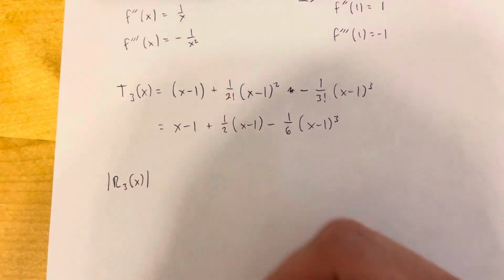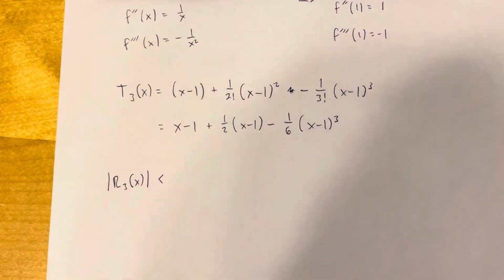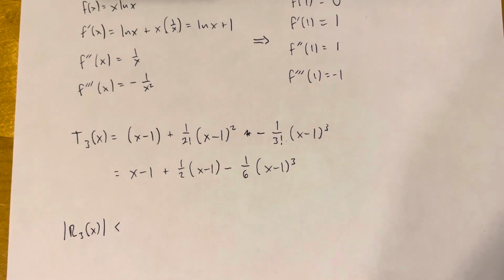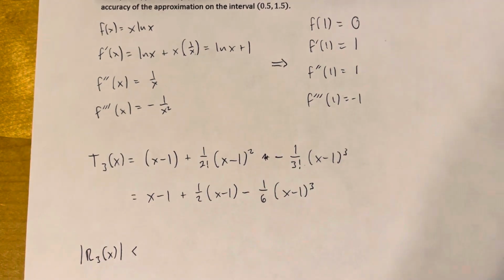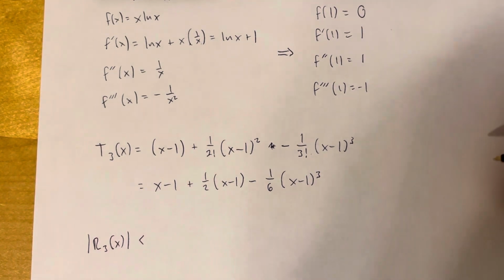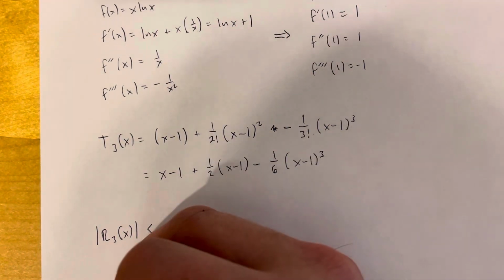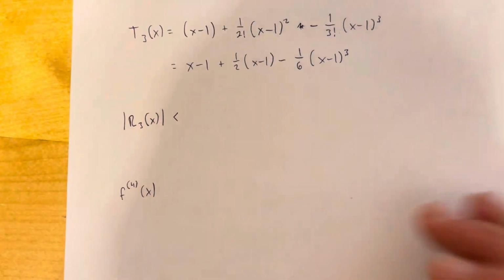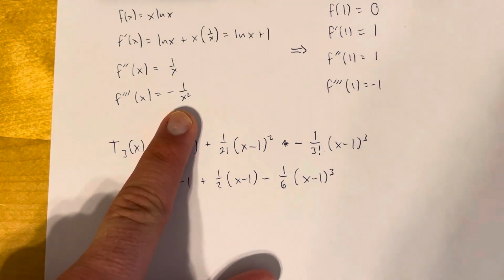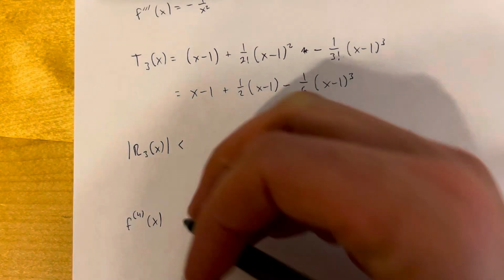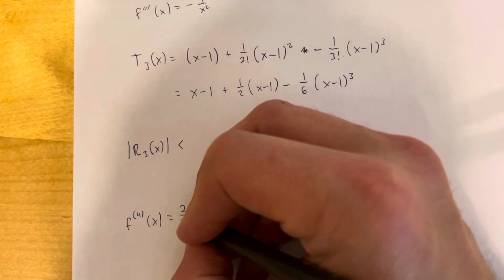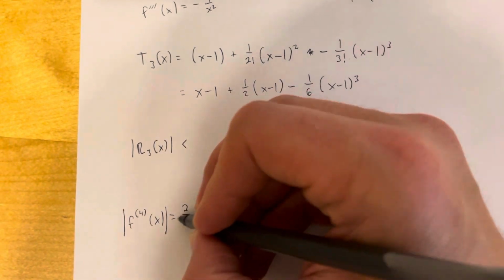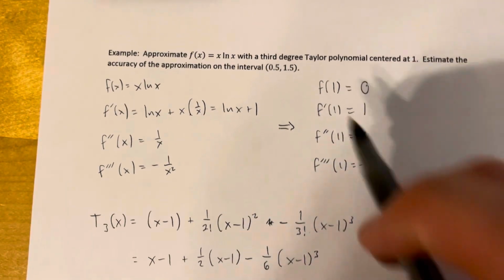The absolute value of R3 of x is less than or equal to what? Well, I need to find that number m that we talked about before. So what is m? Again, m comes from the n plus 1th derivative. In this case, the n plus 1th derivative is going to be the 4th derivative of f of x. So taking the derivative of this guy right here, I'm going to get 2 over x cubed, okay? And we want to bound this on this interval here.